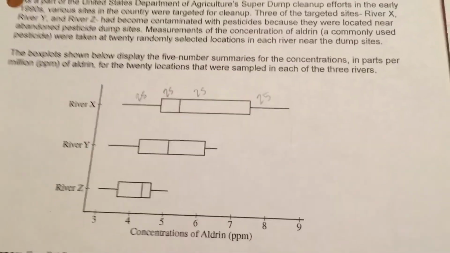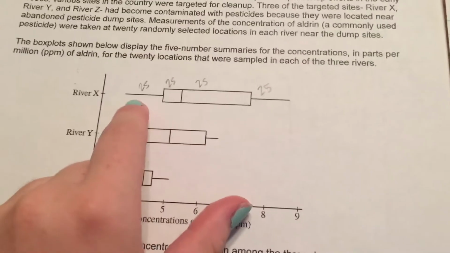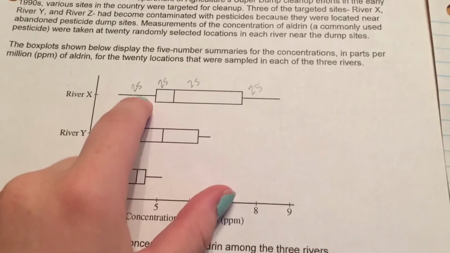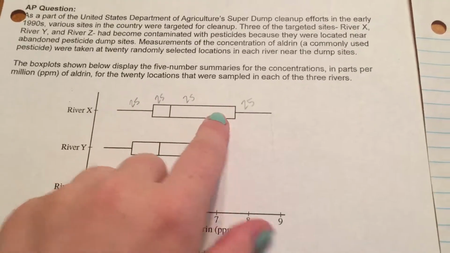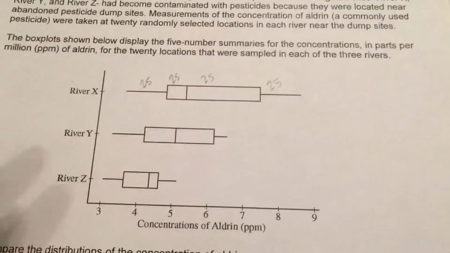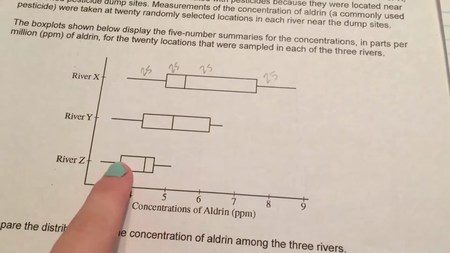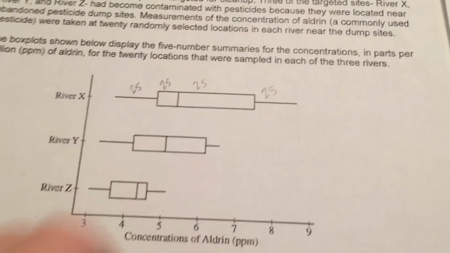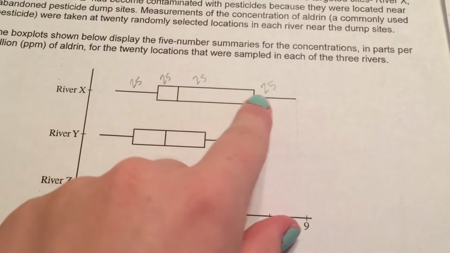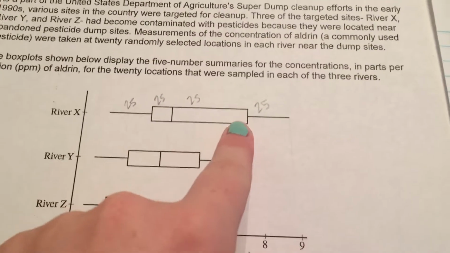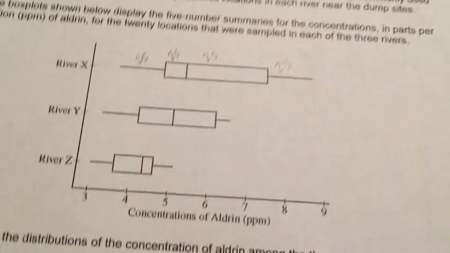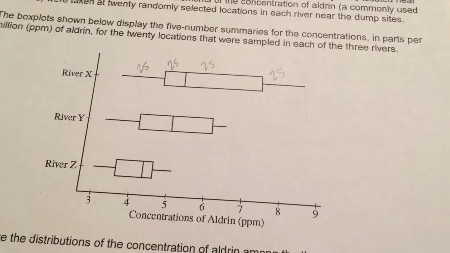So, what I mean by that is River X, each one of these is 25% or a quarter, and the range is much larger than River Z. And the larger range means a larger distribution and a smaller frequency.